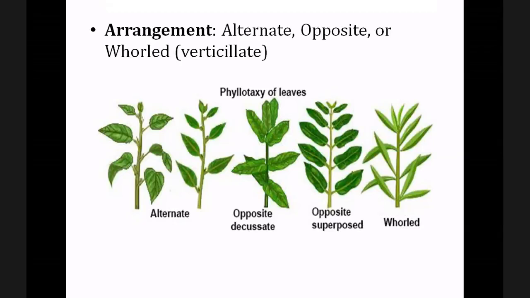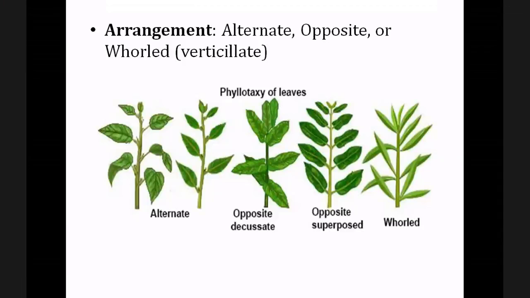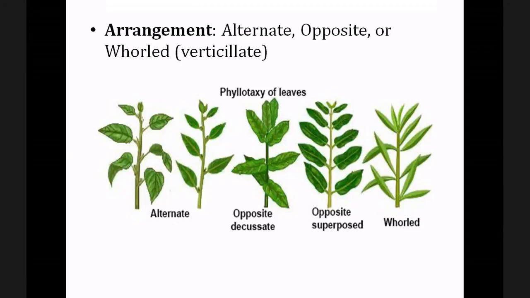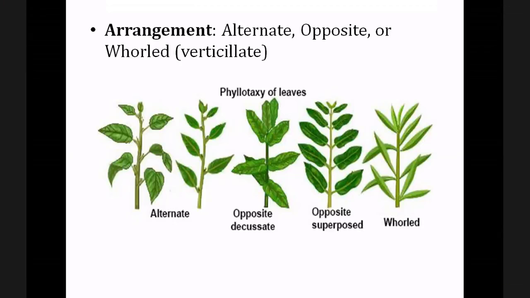But in the opposite arrangement, the node has two leaves. Two leaves arise from the node of the plant in the opposite manner. We call it an opposite leaf arrangement. In the alternate arrangement, one leaf emerges from each node, arranged in an alternate manner.